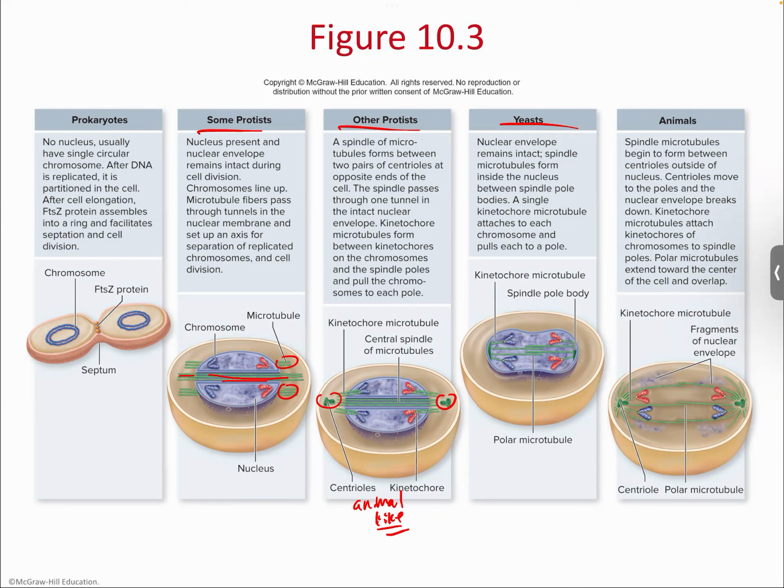Some of the others are plant-like. So this would be an animal-like one where you have a centriole. It does the same basic thing. Notice it creates this thoroughfare, and then it has these offshoots that poke into the membrane of the nuclear envelope and grab onto the chromosome. So without that, then you're talking about the plant-like ones.